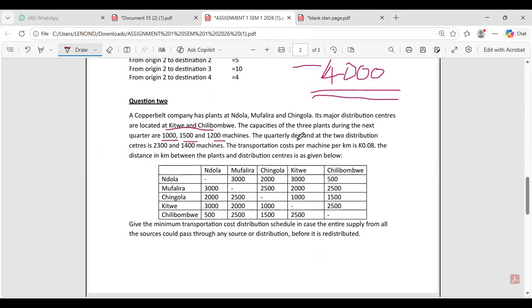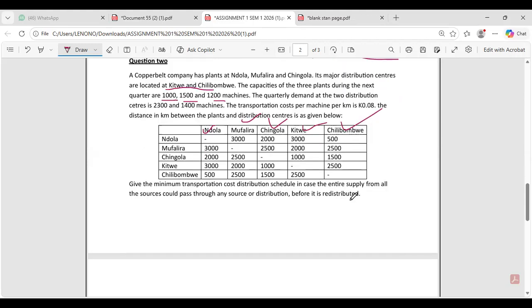The quarterly demand at the two centers are 2,001 and 1,500 machines. The transportation cost per machine per kilometer is 0.08. The distance in kilometers between the plants and the centers is given in the table. Okay, so we have Ndola, Mfulira, Chingola, Kitwe, and Chilabombwe.